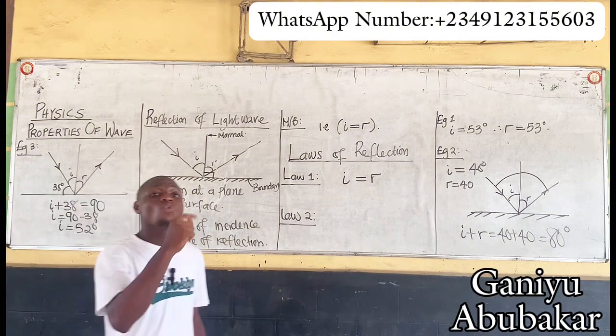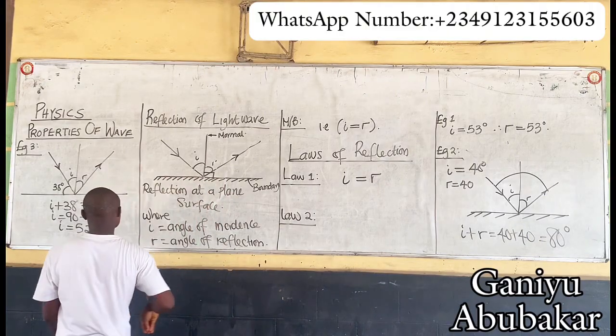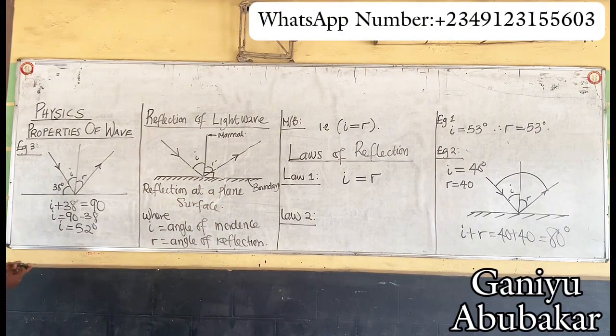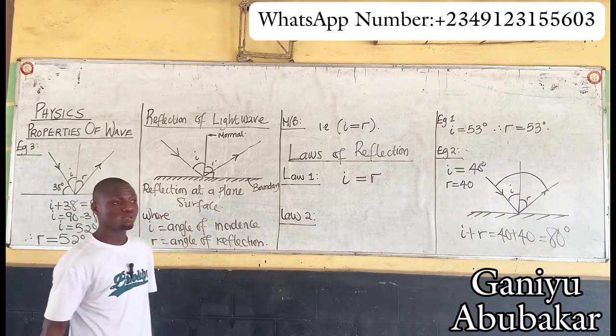I'm not asked to find the angle of incidence. Question 1 says, what is the angle of reflection? Since I've gotten the angle of incidence as 52 degrees, definitely the angle of reflection R is also 52 degrees.